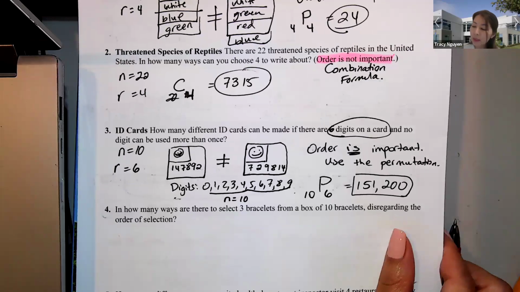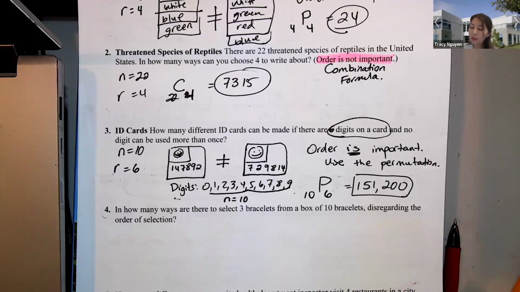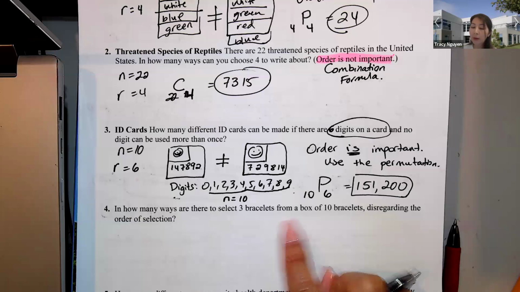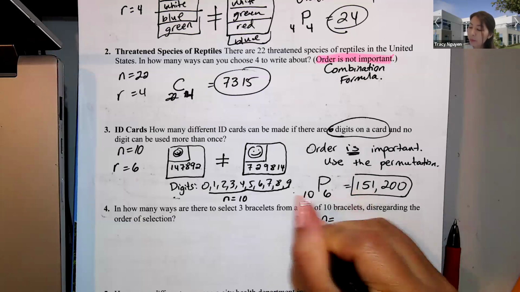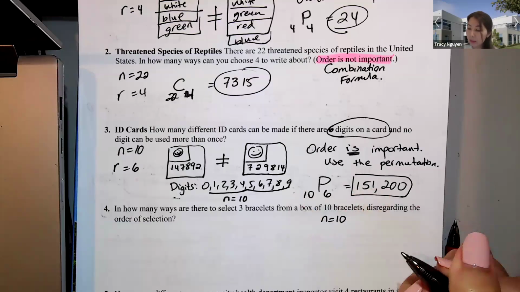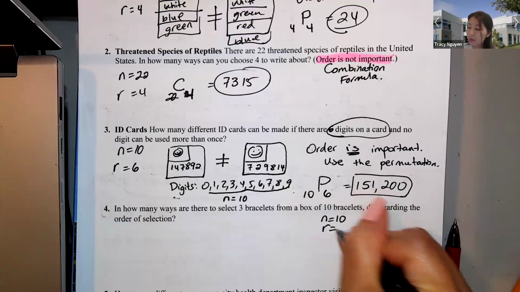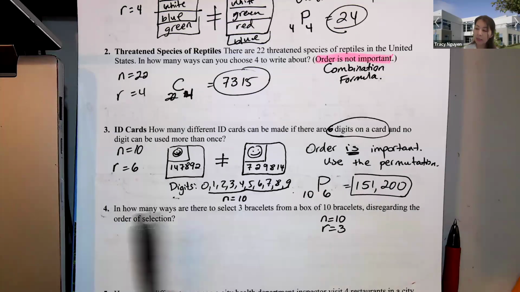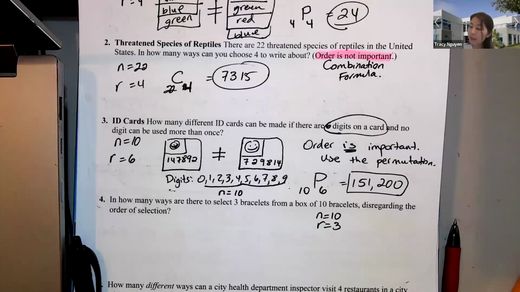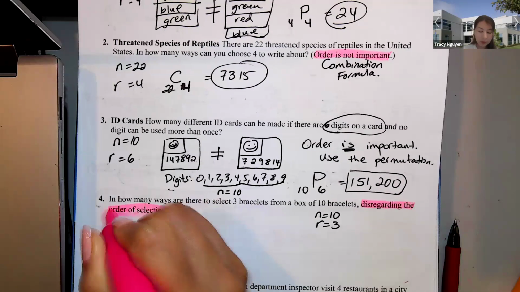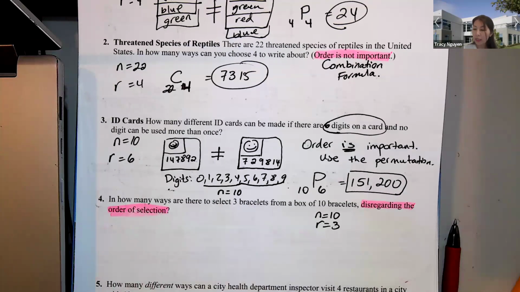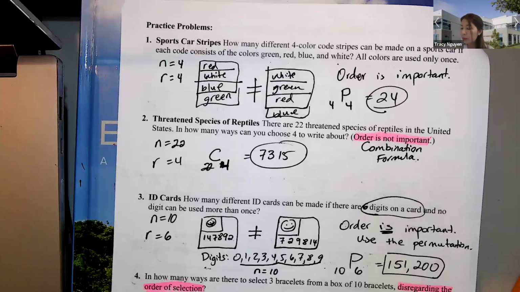Now, this next one: how many ways are there to select 3 bracelets from a box of 10 bracelets? This is very straightforward. From a box of 10 bracelets, that tells us n equals 10, and we choose 3, right? Another clue in the problem is regarding the order of selection. If we go back to our keyword page, when do we use combination versus permutation?